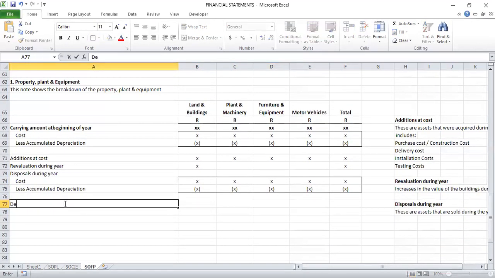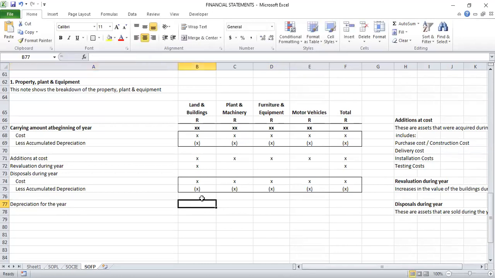Then depreciation for the year. Our depreciation is calculated based on the straight line method or on the diminishing balance method.